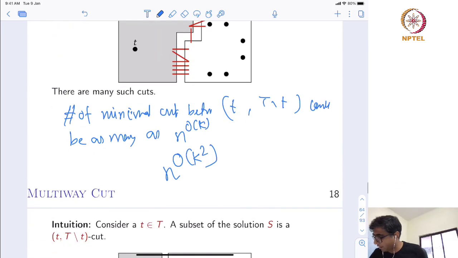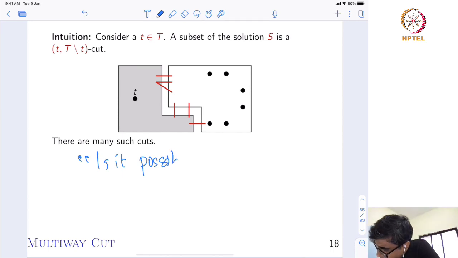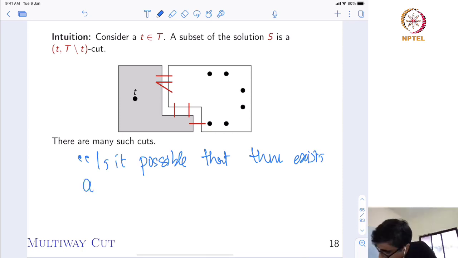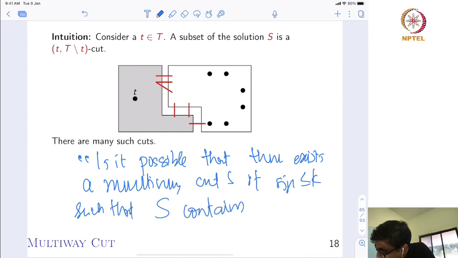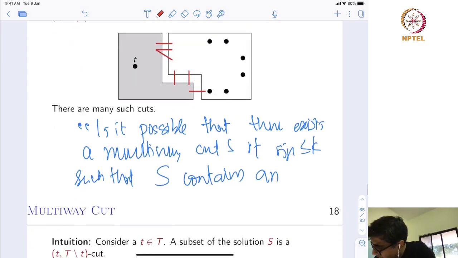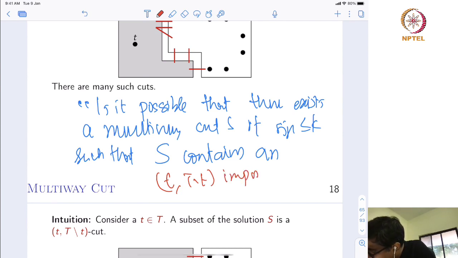Naturally at this point of time, after developing all this, we can ask ourselves: is it possible that there exists a multiway cut S of size at most k such that S contains a T minus T important cut of size at most k, right?